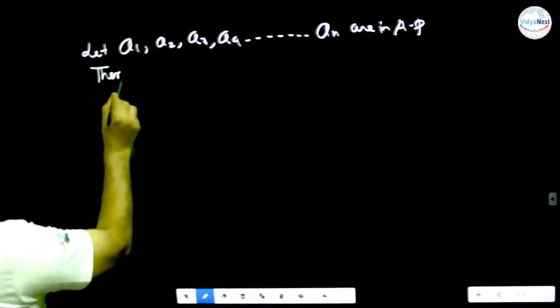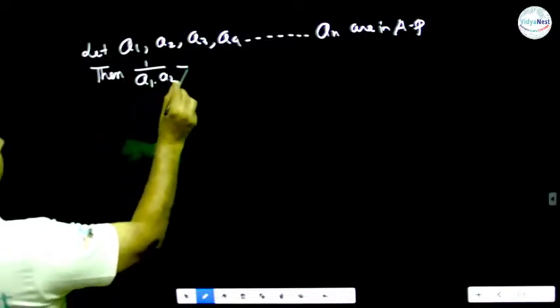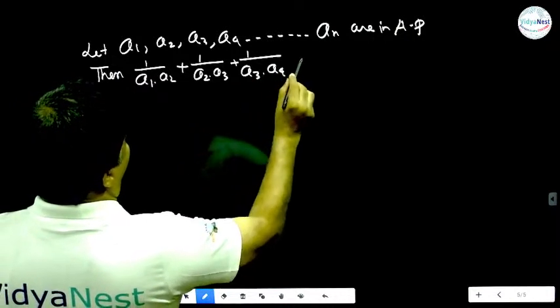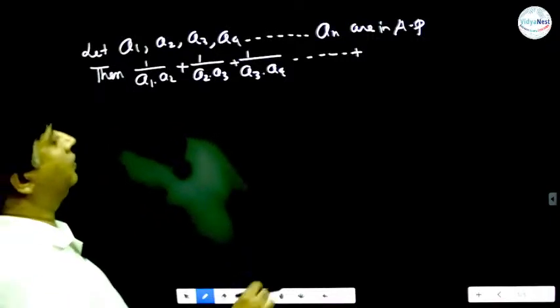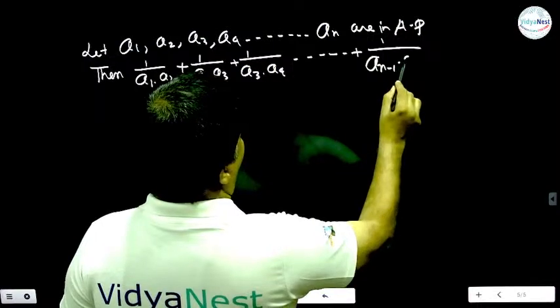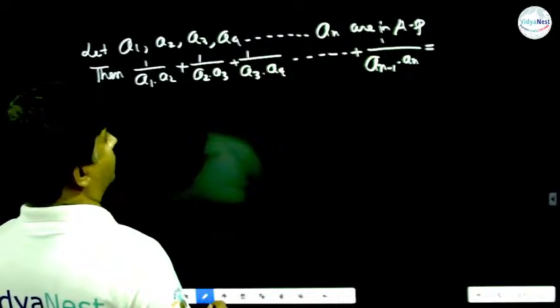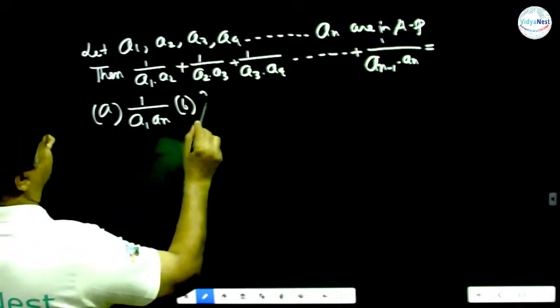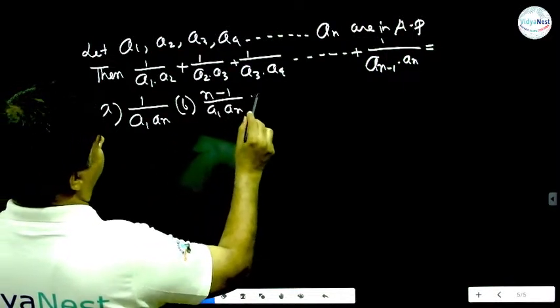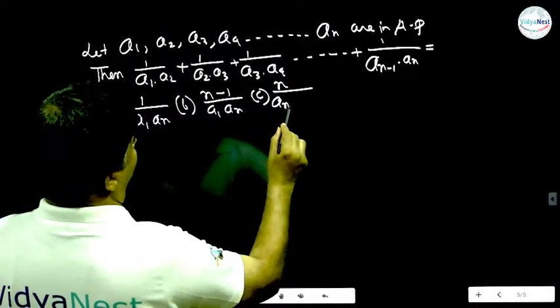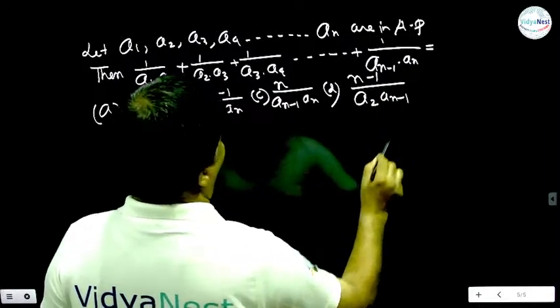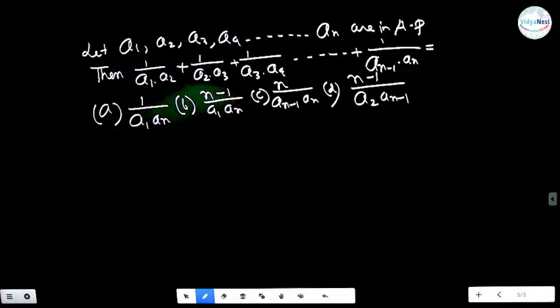Then 1 by A1 into A2 plus 1 by A2 into A3 plus 1 by A3 into A4, dots, plus 1 by An minus 1 into An is equal to: option A, 1 by A1, n minus 1 by A1 An, and so on. Four options are provided. We have to choose the correct one.